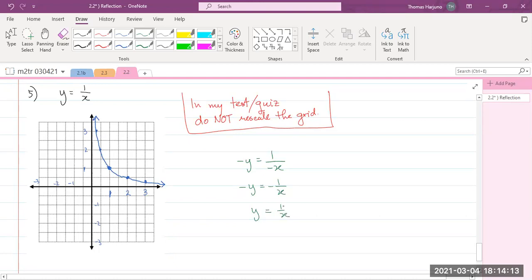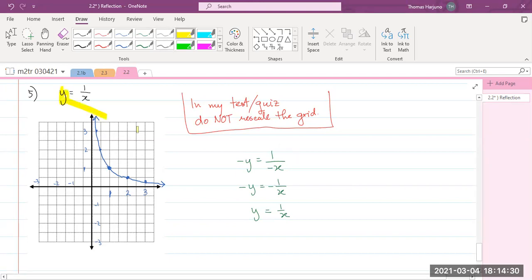Right? You see the phenomenon? If I replace x by negative x and at the same time y by negative y, I get exactly the same equation, which means this graph has origin symmetry.